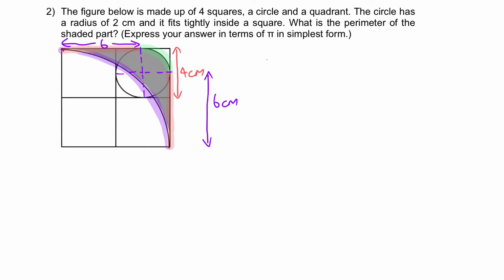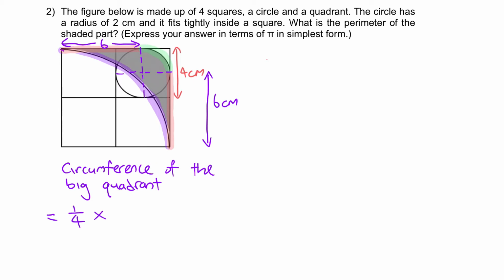So let's find the answer right now. First, let's find the circumference of the big quadrant, which is a quarter of the full circle circumference. So it's a quarter times pi.